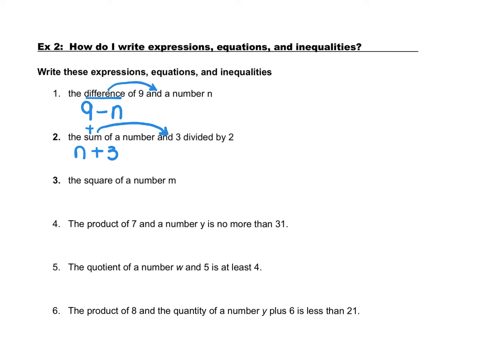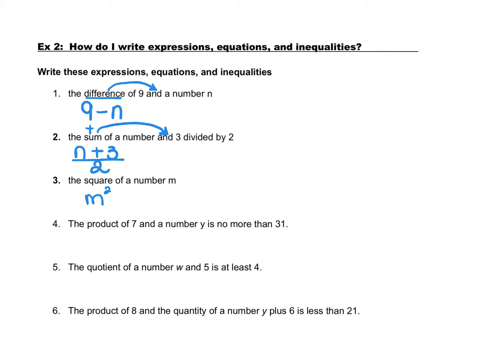Now, because we got the sum, it means we've got the answer, and that means that answer is divided by 2. Of course, you could put parentheses around there and then divide it by 2. But the better way of writing this in algebra would be to write it as a fraction. So the sum of the number and 3 on the top and then divided by 2 would be written like this. So the square of a number m. All right, so we're going to use m. And remember we said square means to the second power.